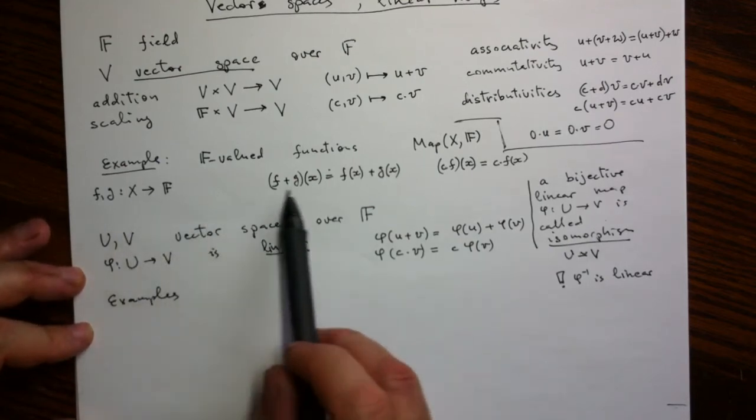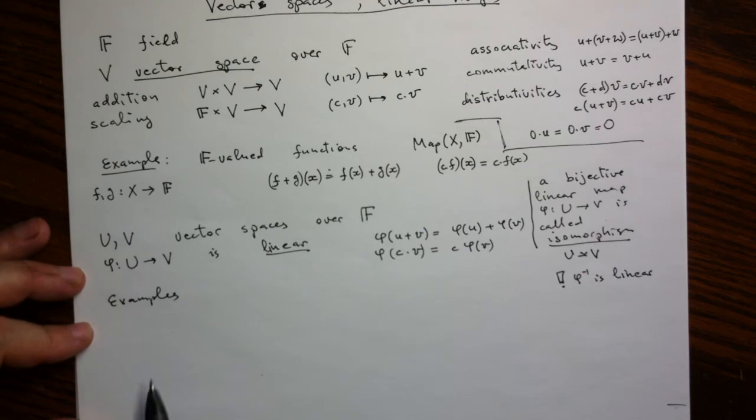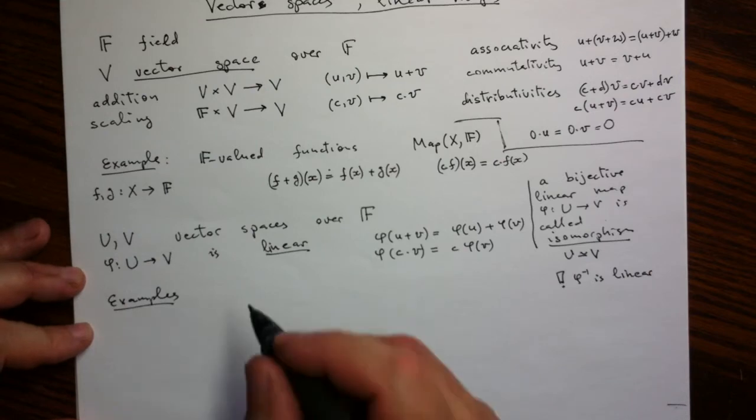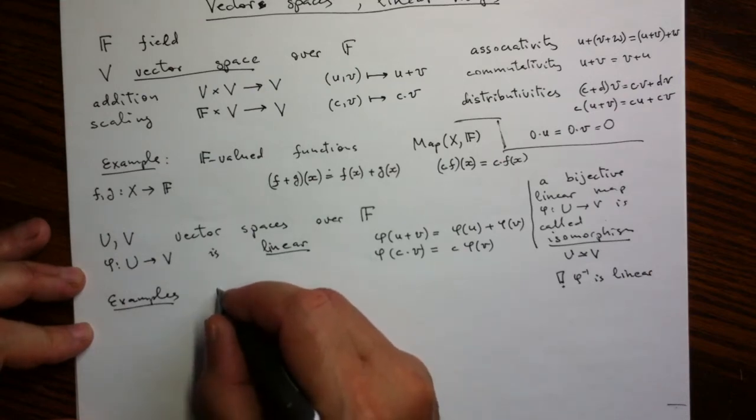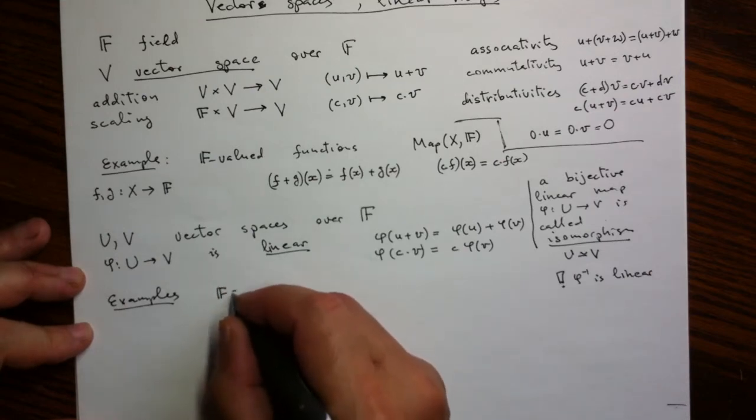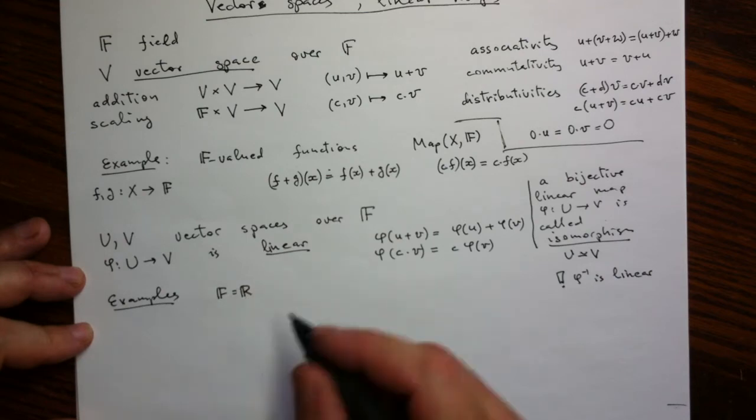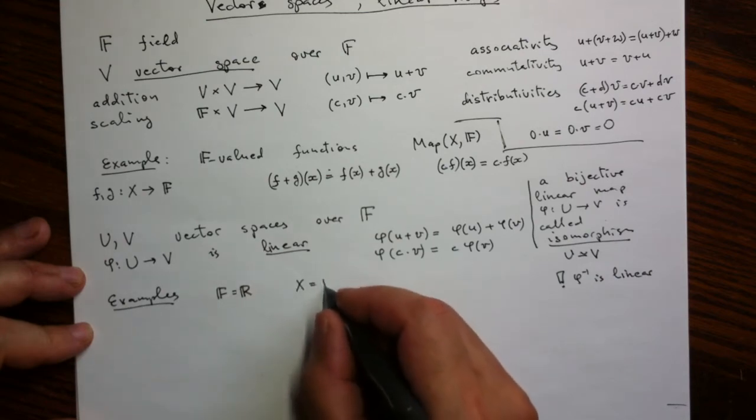So I will just try to play with these, but I will make my choice of X and of F a bit more specific. I will choose F to be the field of real numbers and X to be the same set.